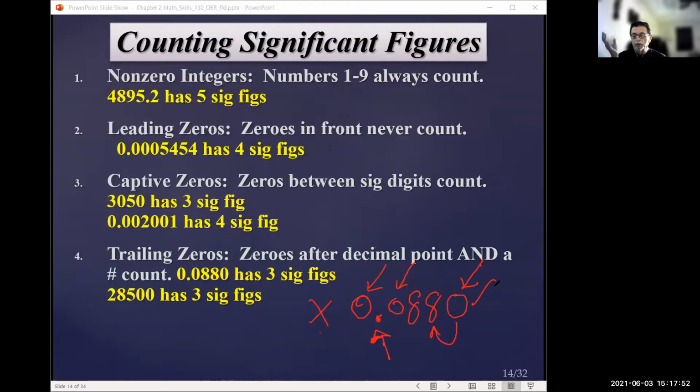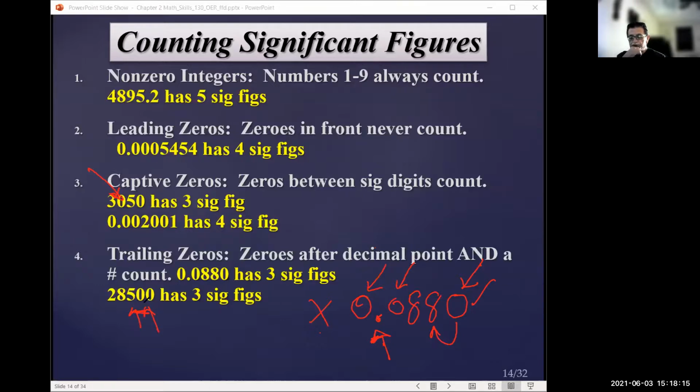We know automatically that integers count, so you don't have to ask any questions on that. And the other one is when they are captive between integers, it's automatically they count. So take a look at these zeros right here, both of them.